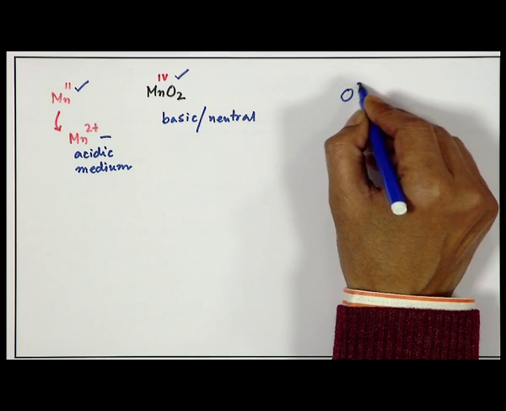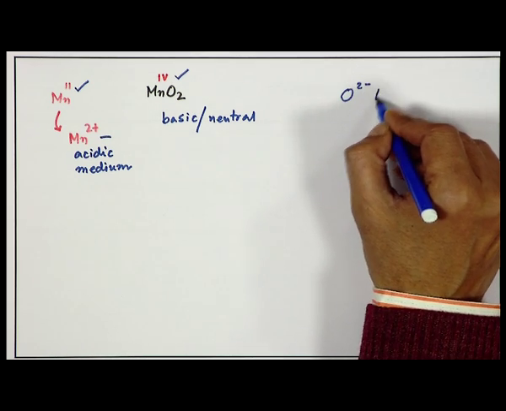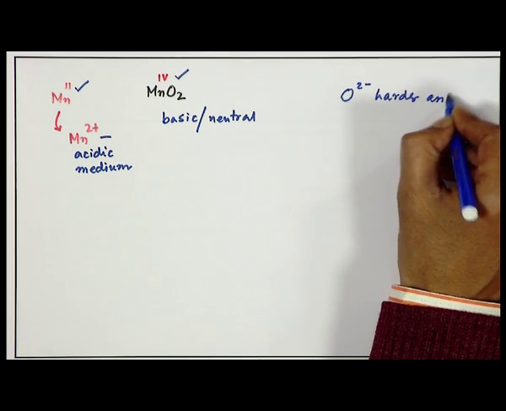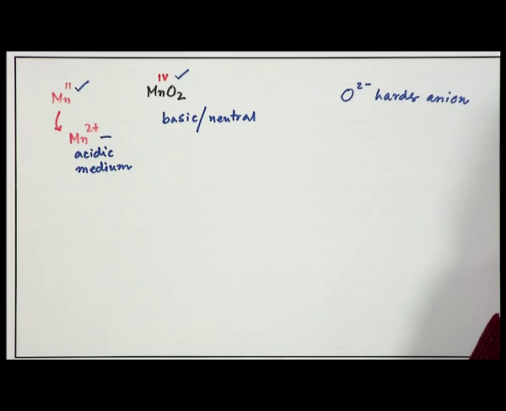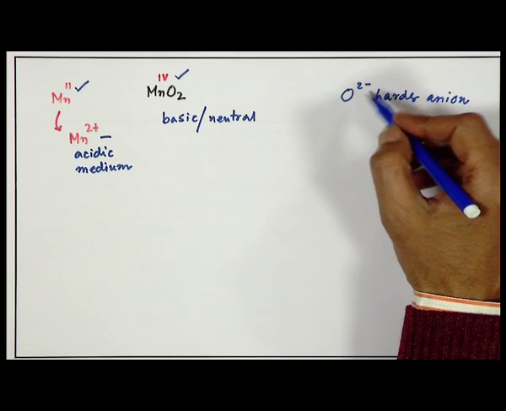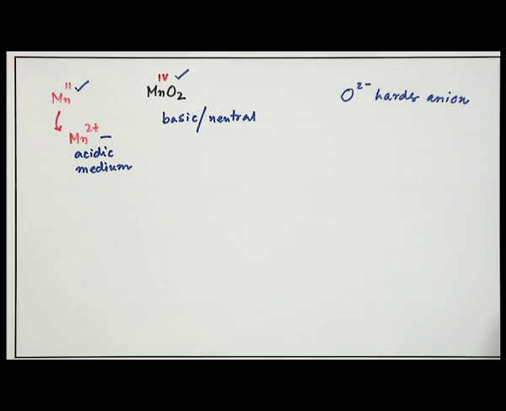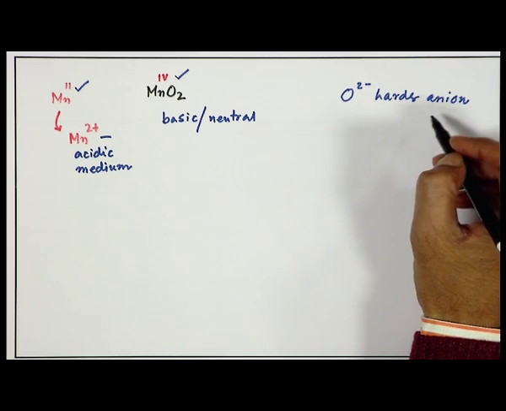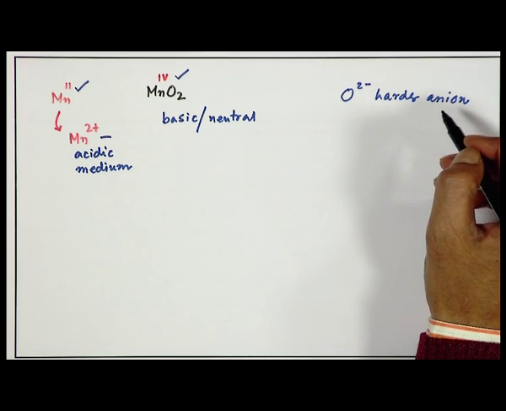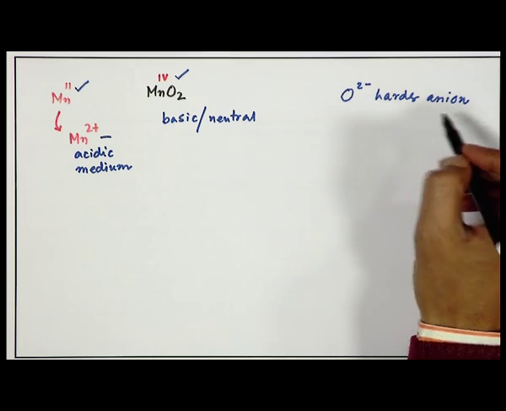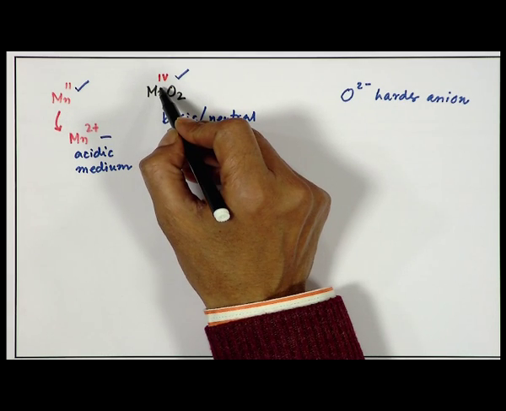So, O2 minus we have classified as a harder anion, like fluoride and chloride. But O2 minus has a higher amount of charge, and the size is also less. So, it is harder than the other species which are uninegative, like fluoride, chloride, bromide and iodide. So, harder anions can stabilize the higher oxidation state.